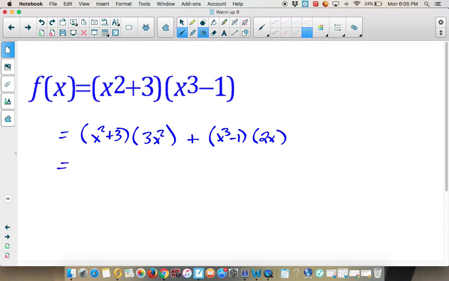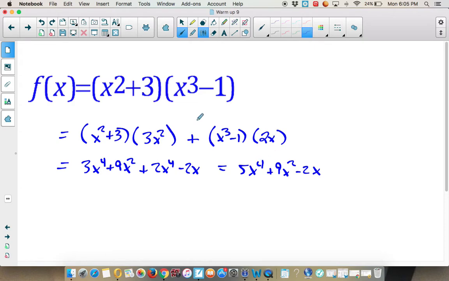Okay, I'm going to distribute that, so it's 3x to the fourth plus 9x squared plus 2x to the fourth minus 2x, and that ends up being 5x to the fourth plus 9x squared minus 2x.